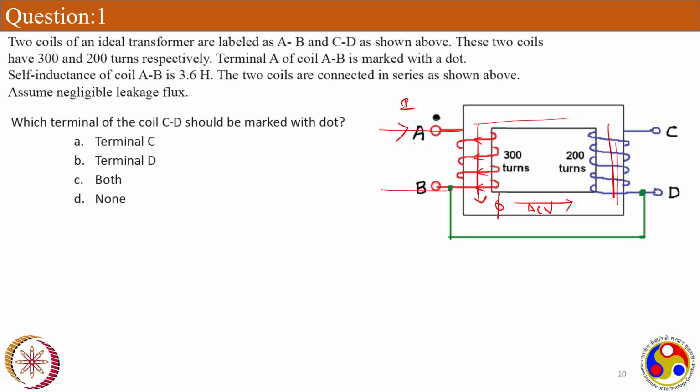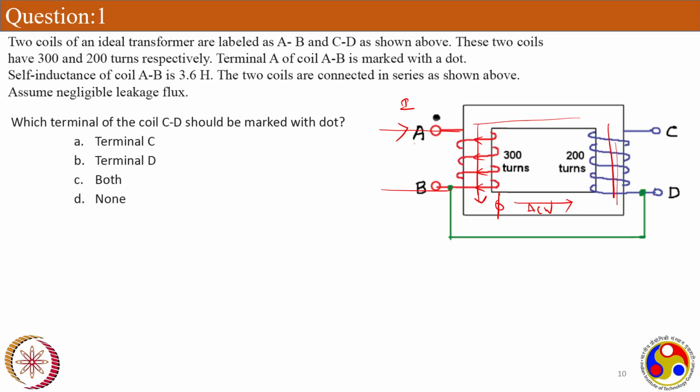Maybe as per Lenz law. Definitely Lenz law will be there, but the important thing to observe here is that Lenz law is applicable in magnetic circuits where the coils are magnetically isolated, because the cause and effect are opposing each other. Here, these two are series connected.